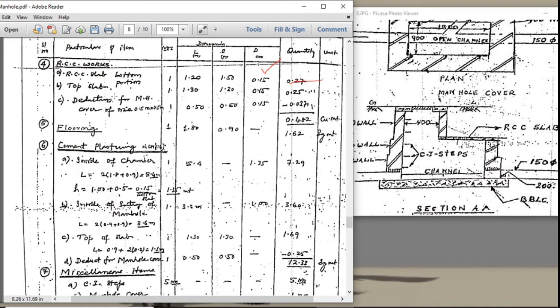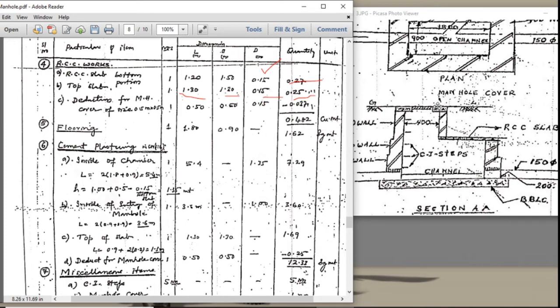Now the top slab portion: 0.9 plus 0.2 plus 0.2 will get 1.3, and the breadth is also the same 1.30. Depth is 0.15, so we are getting 0.25.